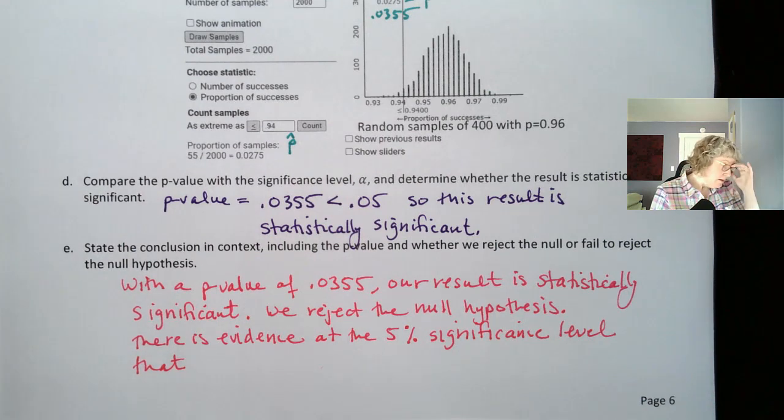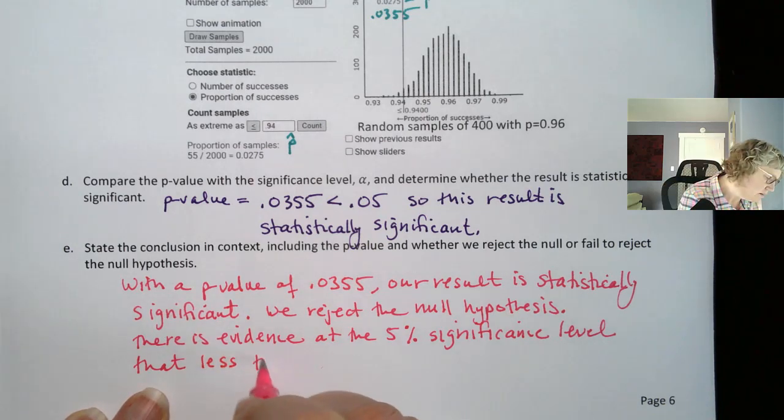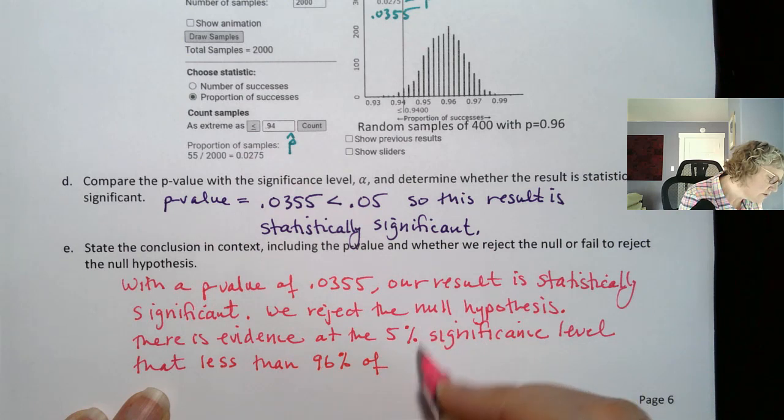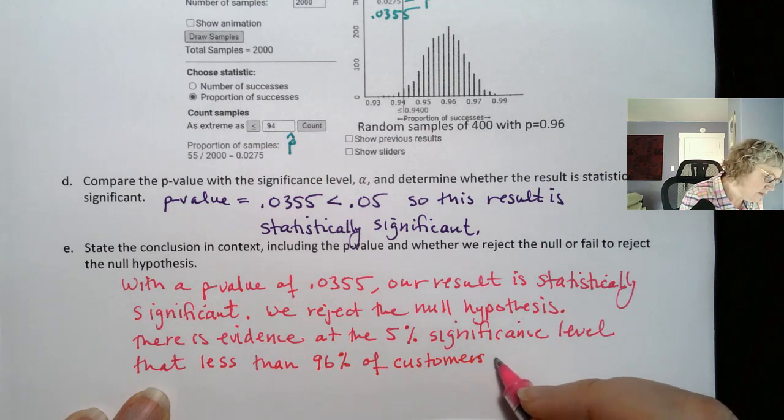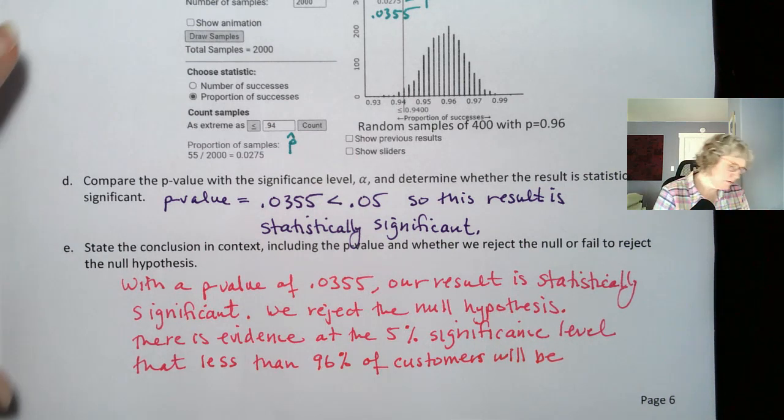So that the new system, so we could either say the new system fails to meet the company goal, and that's how they phrase the question, but I also want to get that 96% in there. So I want to say there's evidence at the 5% significance level that less than 96% of customers are or will be, presumably they're wanting to expand this to all their customers, right?